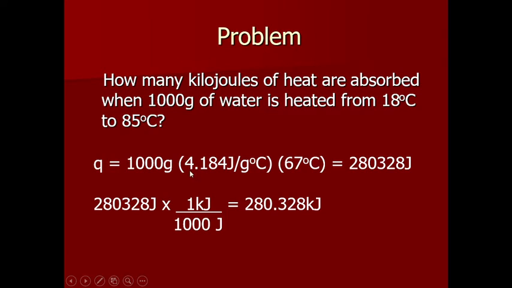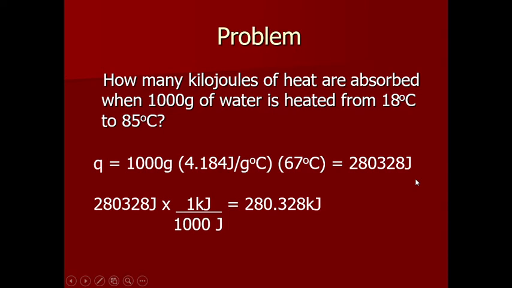Just put up the value, that is 4.184 joule per gram degree Celsius, multiplied by 67 degrees C. When you multiply and divide all these values, the answer is 28038 joule.